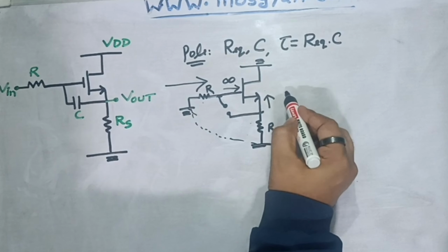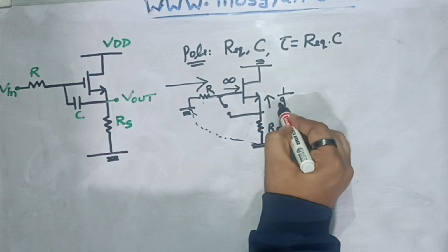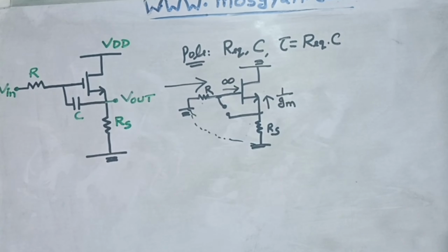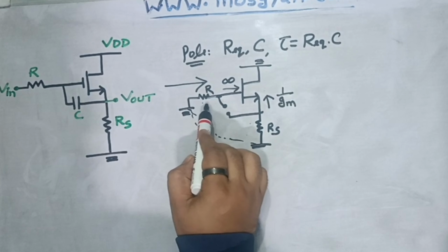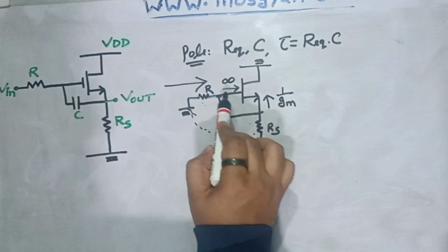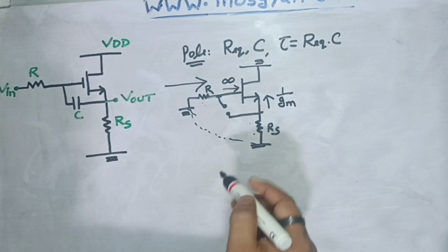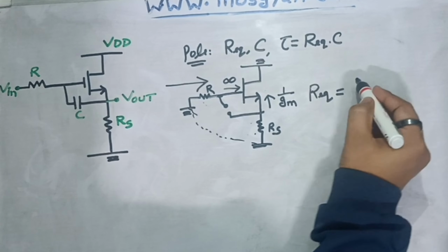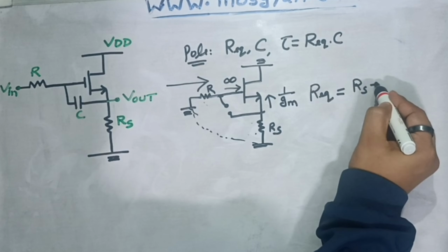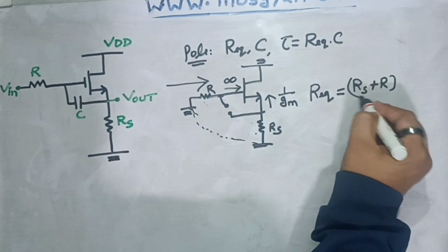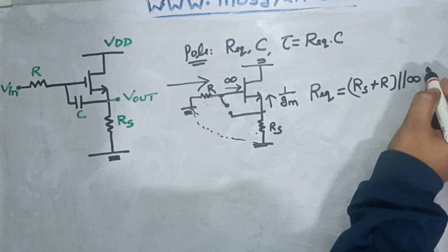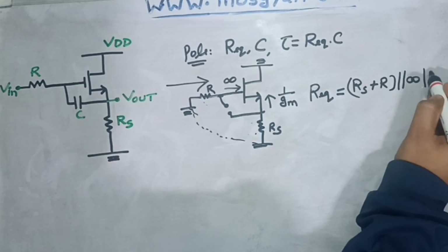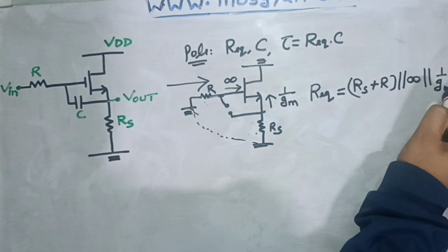So the MOSFET resistance or impedance would be equal to 1 upon Gm. So along with this R plus Rs, 1 upon Gm and infinite will be in parallel. So if I have to write R equivalent for this circuit, that would be equal to Rs plus R in series, parallel to infinite, which is gate impedance, and parallel to 1 upon Gm.